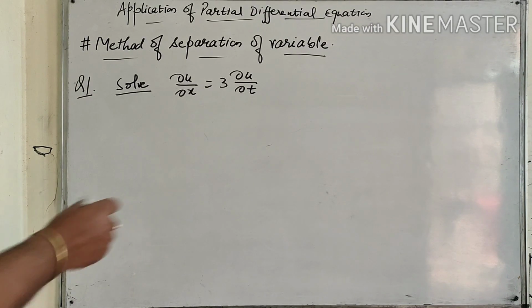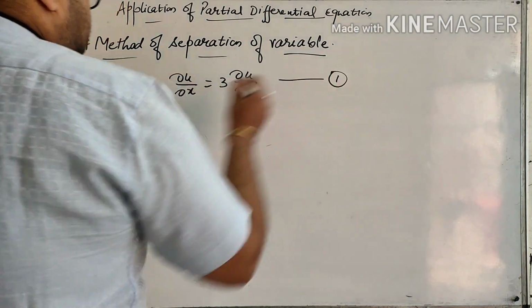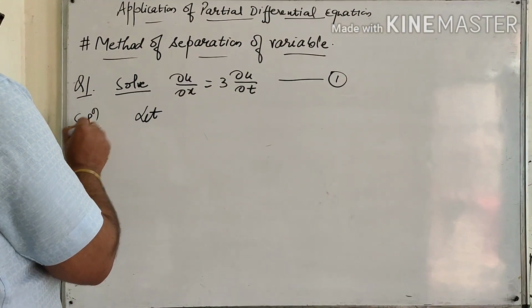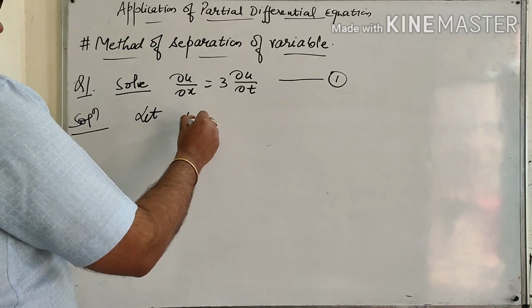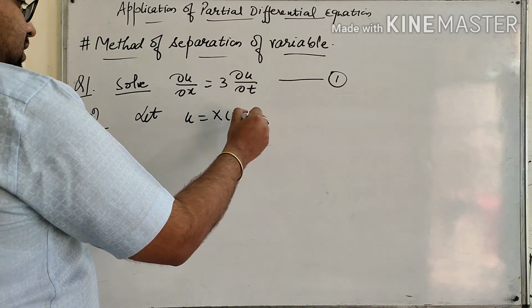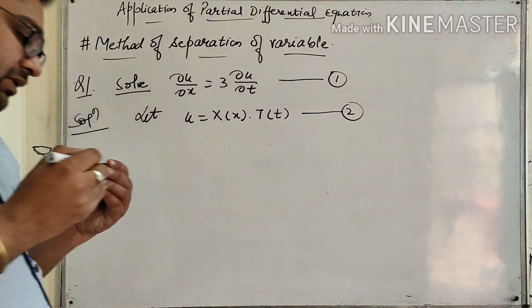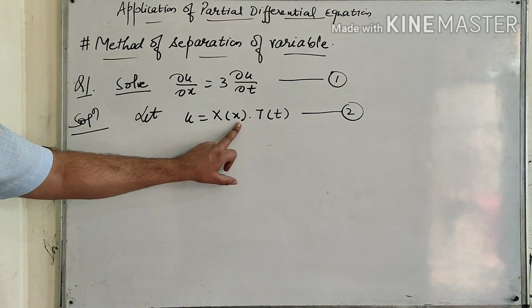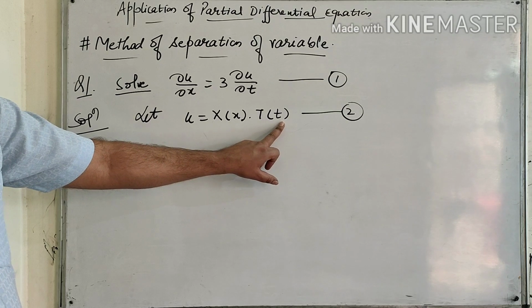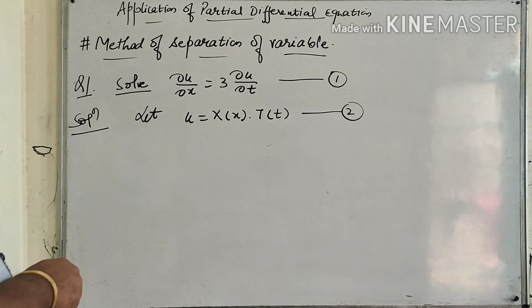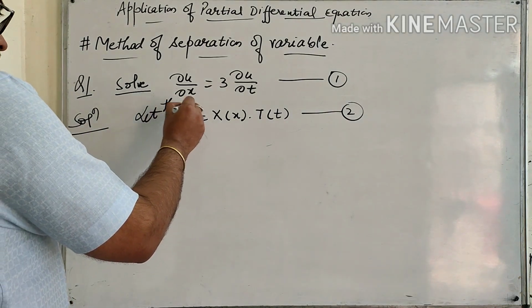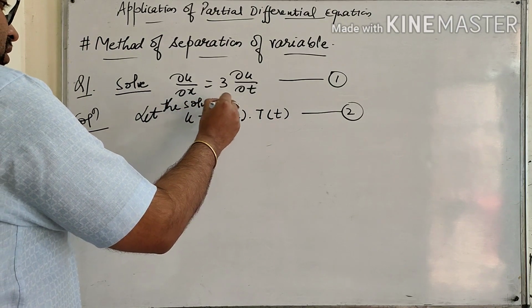In the solution, we let u equals capital X of x times capital T of t, where capital X is a function of small x only and capital T is a function of small t only. This is the solution of this particular equation.